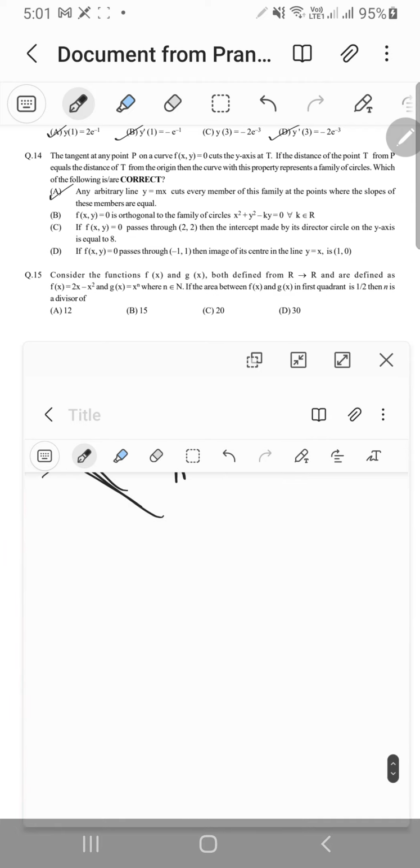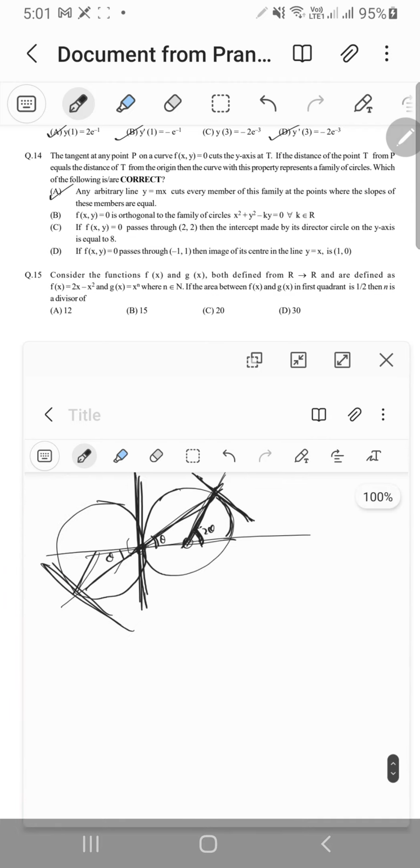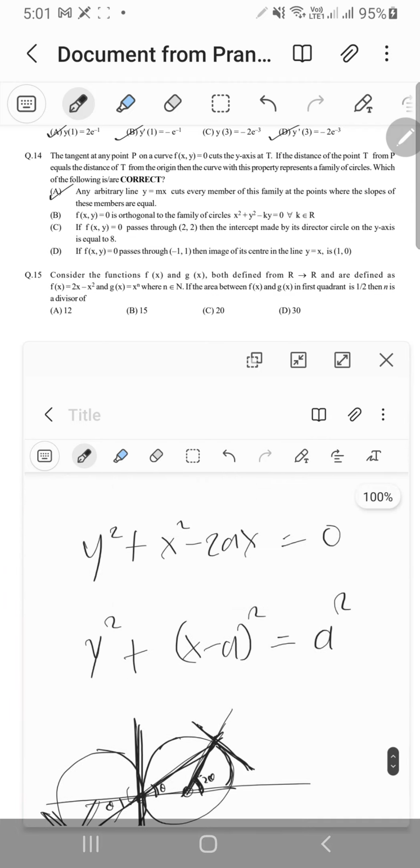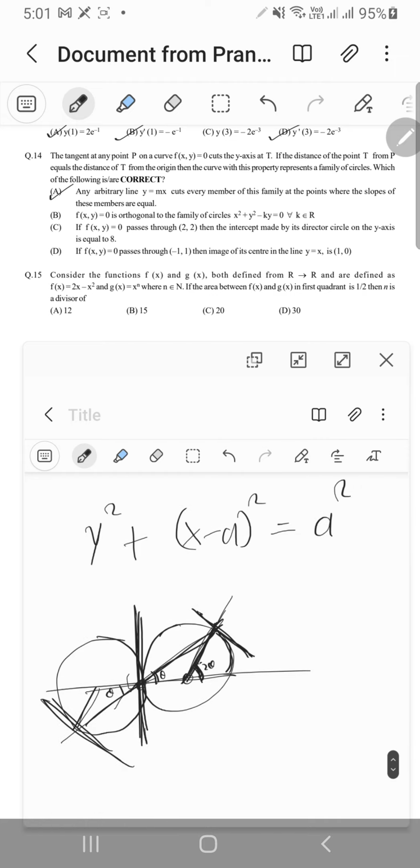Okay, f of x equal to 0. Okay, so this thing is orthogonal to the family of curves x squared plus y squared plus ky equal to 0 for all k belonging to real. I don't know about this thing, bro.